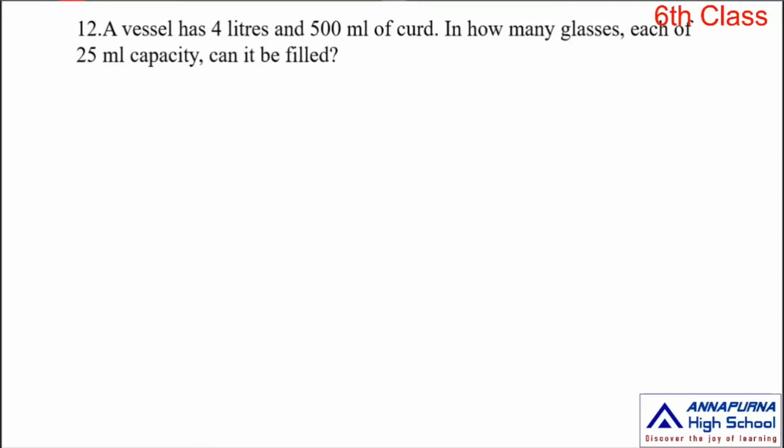The capacity of a vessel is 4 liters and 500 milliliters. Glass capacity is 25 milliliters. What do we find in this problem? The number of glasses that can be filled. Let us start the solution.